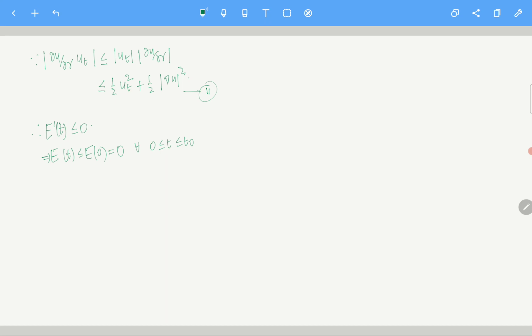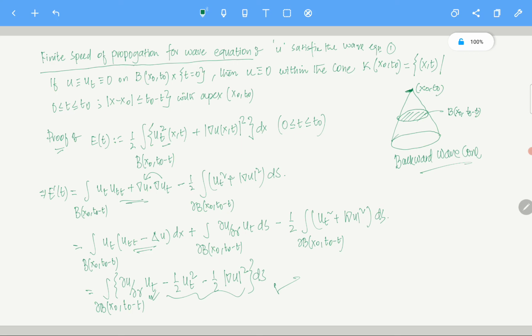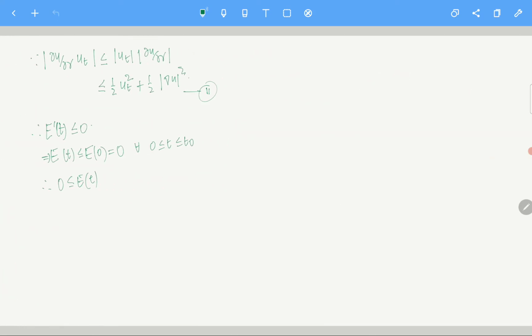Once that is there, what do you get? E of t is the integral of two positive things, so E of t is always greater than or equal to 0, and also less than or equal to 0. Therefore E of t has to be 0 for all t less than t0. Clear? What does that imply?